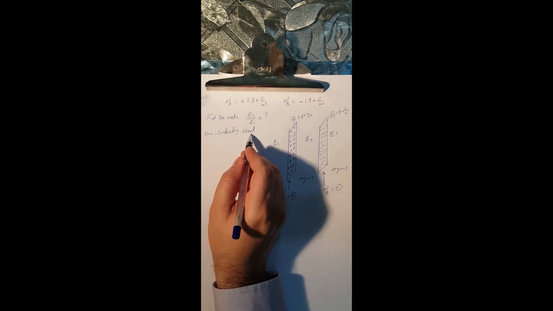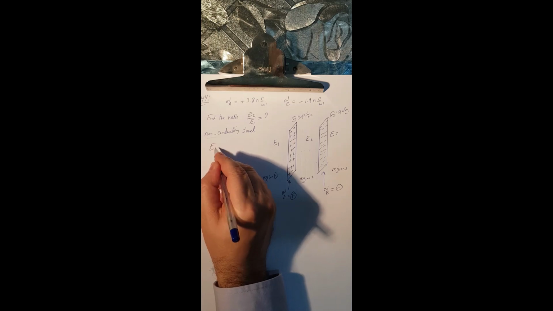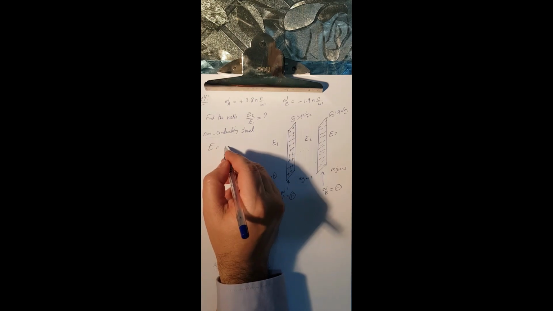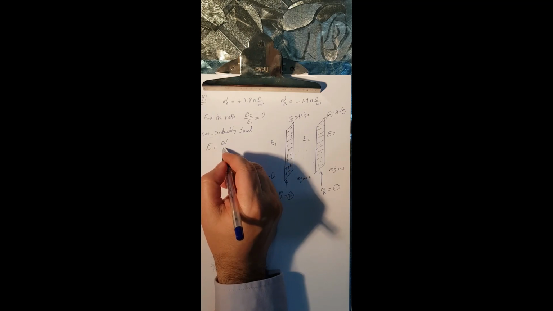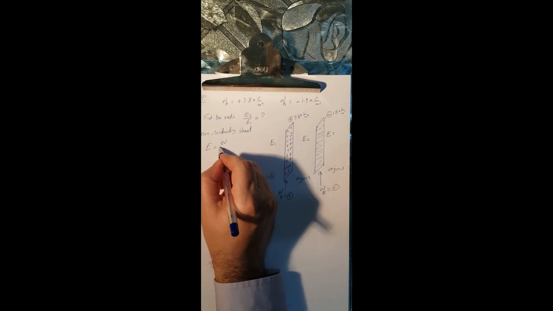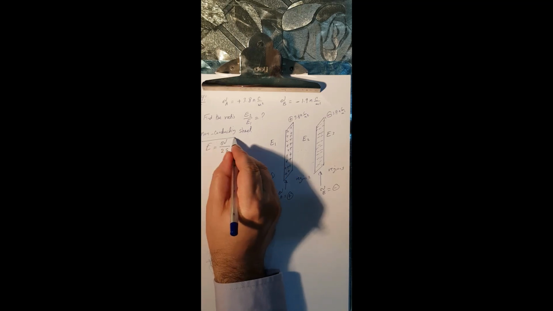So for a non-conducting sheet, you must know that the electric field is always equal to the surface charge density over twice epsilon naught.